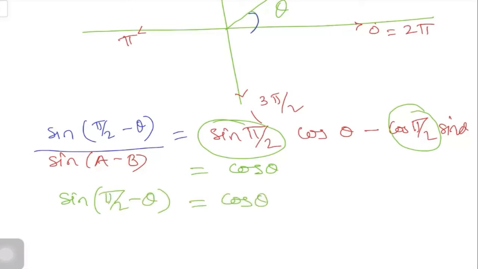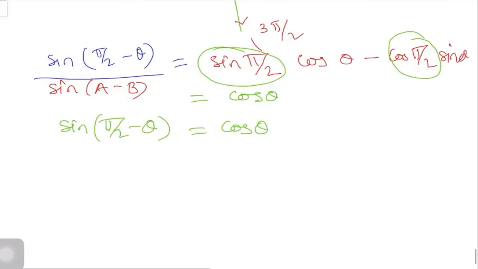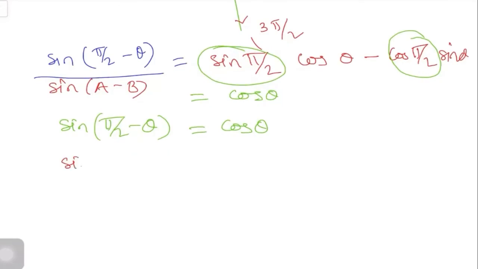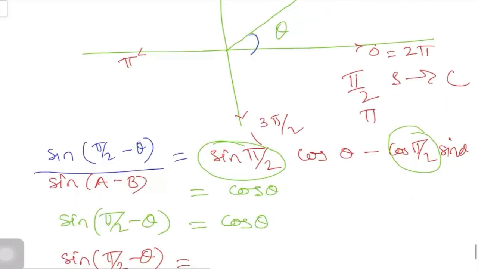This is very important stuff, which we are going to use in many places. So similarly you can calculate sine of pi/2 plus theta. Please remember, whenever there is an angle like pi/2, the sine gets changed into cos, and cos gets changed into sine. If there is an angle like pi, sine remains sine and cos remains cos.